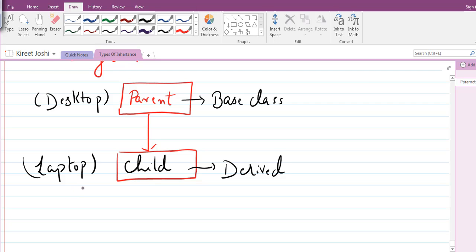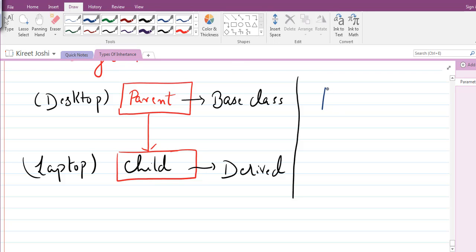So the derived class contains the features of its existing class, that is the base class, and some of its own features.